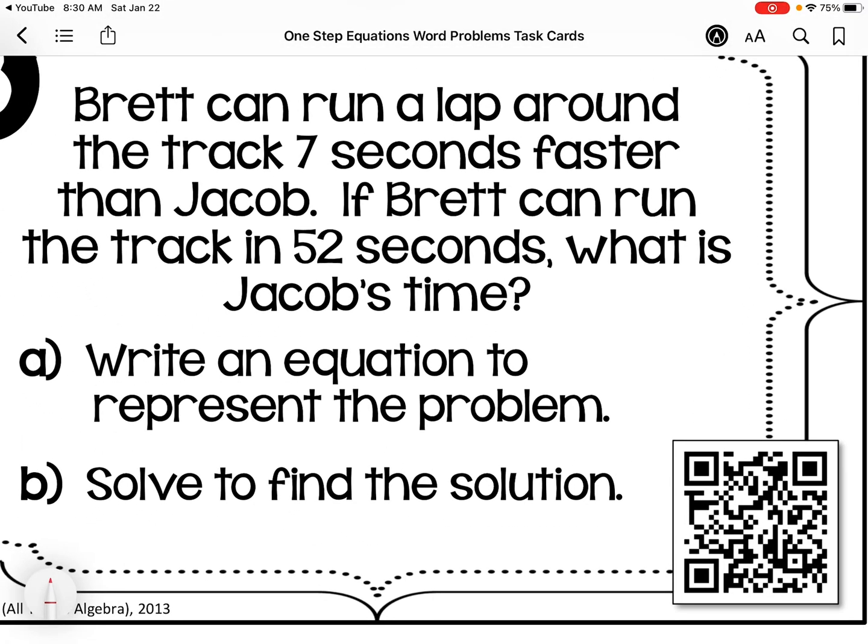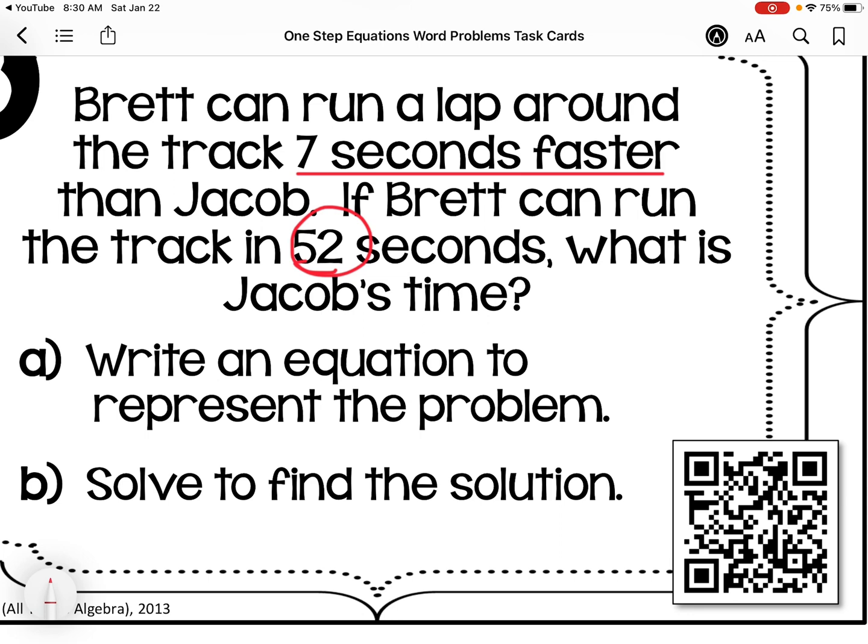Brett can run a lap around the track 7 seconds faster than Jacob. If Brett can run the track in 52 seconds, what is Jacob's time? Well, if he can run it faster, that means it's actually going to be less than 52 seconds. And these questions always trip me up.